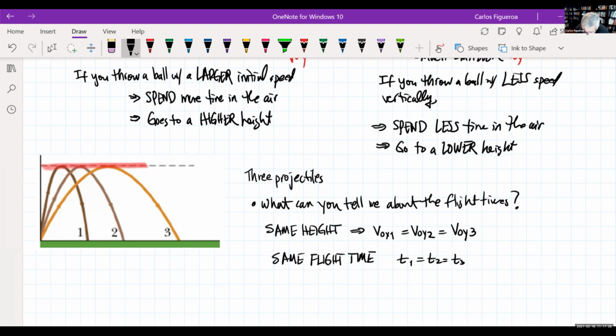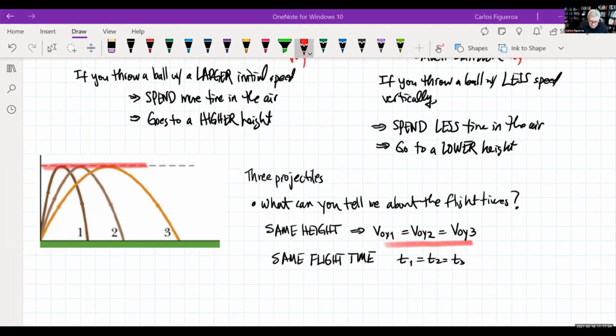Why? Because they have the same initial velocity in the y direction. That's really powerful, right? Just by looking at them, you know that they're at the same height, and the same height immediately tells you that the time of flight is going to be the same.